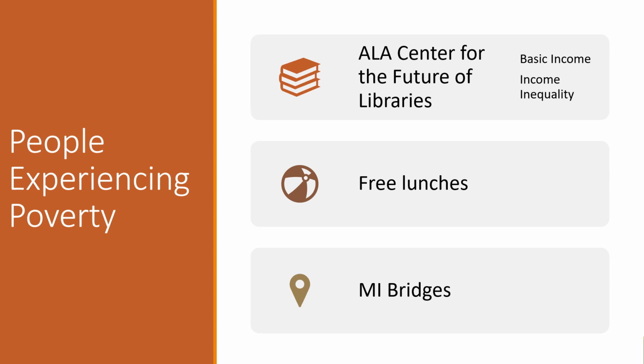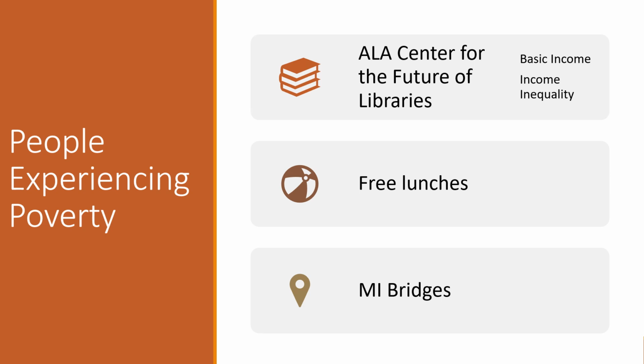Michigan Bridges is the organization in Michigan that provides help for people paying their bills. They provide bridge cards, which cover the cost of groceries and other approved expenses like utility bills. Libraries can become partners with Michigan Bridges to help people use computers to apply for bridge cards. There are specially trained counselors who can actually help people fill out the forms.